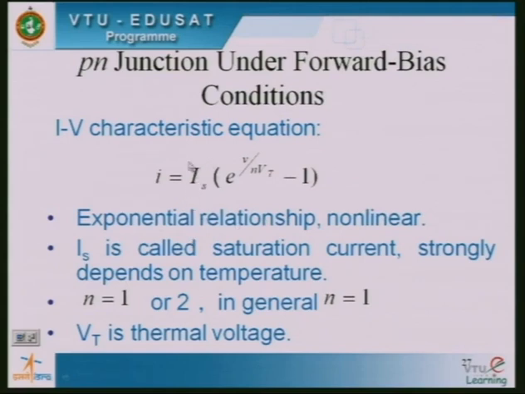Note that Is is called the saturation current, which strongly depends on the temperature, whereas N is usually equal to 1 or 2. In general it will be 1, and Vt is the thermal voltage.